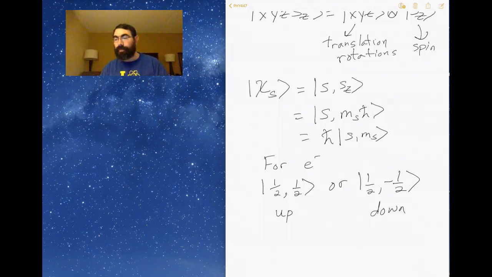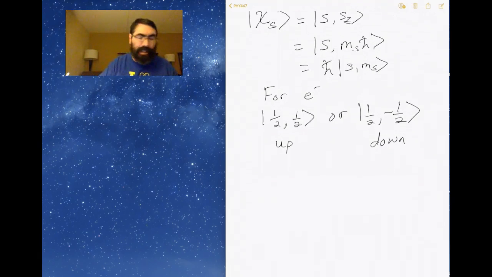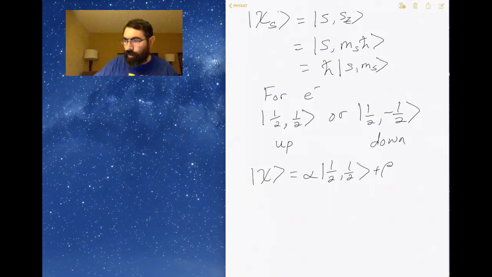Now I could write my state, chi, as a superposition of the two possibilities. So some normalization alpha times the spin up state plus some normalization beta times the spin down state, like that.